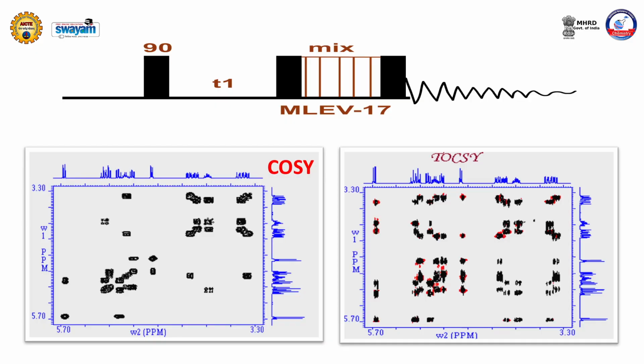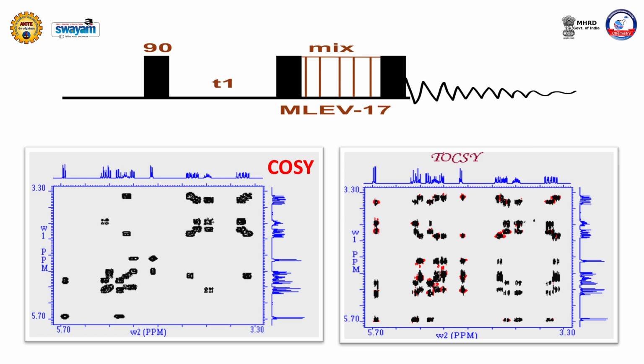Suppose I have three protons A, B, C. In the COSY spectrum I see a cross peak from A to B and B to C. In the TOCSY spectrum, whose sequence is shown on top, we will not go into the details of the sequence, but these are now push-button kind of experiments. On the spectrometer, you hit a key, indicate the parameters, and it generates a spectrum of this type.